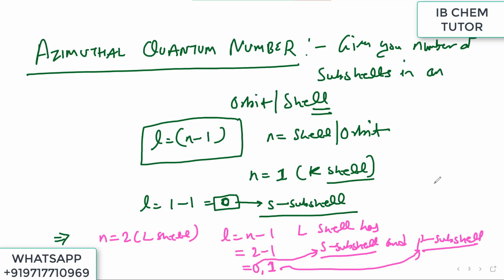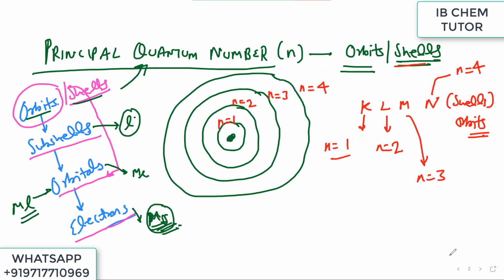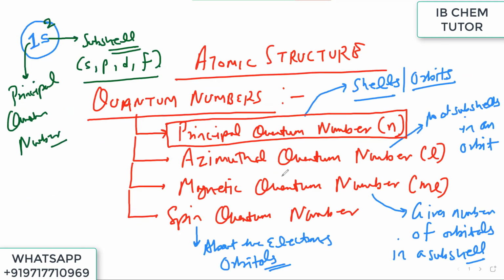So I have explained these two quantum numbers in this video, and in the next class I am going to cover the magnetic quantum number and spin quantum number, that in a particular subshell we can find out how many orbitals are there.